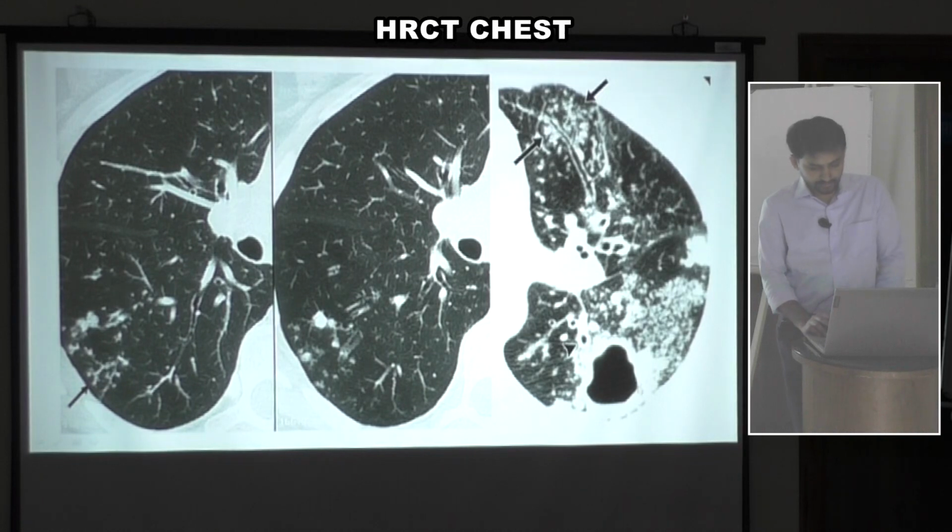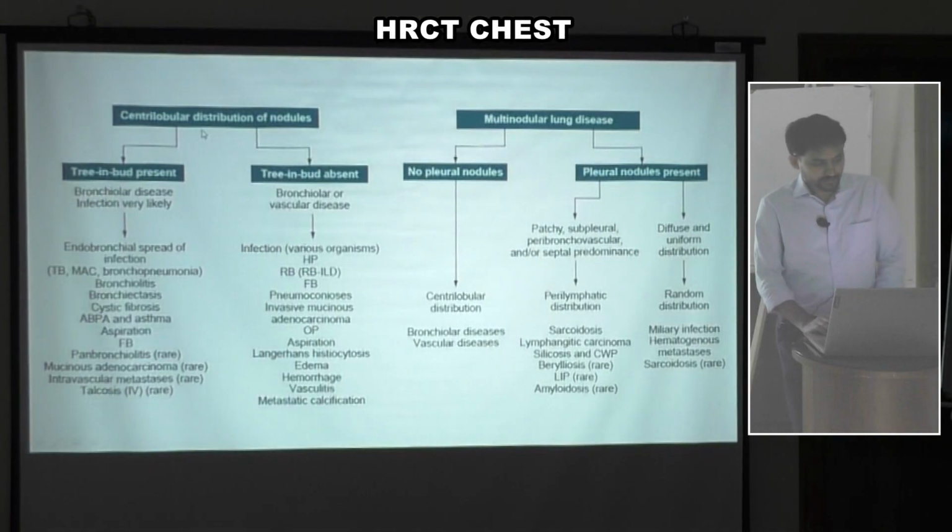So this is another cavity with an associated consolidation patch, and these are multiple areas of tree in bud appearance. If tree in bud is present in a centrilobular distribution, that means endobronchial spread of infection. If tree in bud is absent, it is bronchial or vascular disease like invasive mucinous adenocarcinoma, aspiration, edema, hemorrhage and so on.